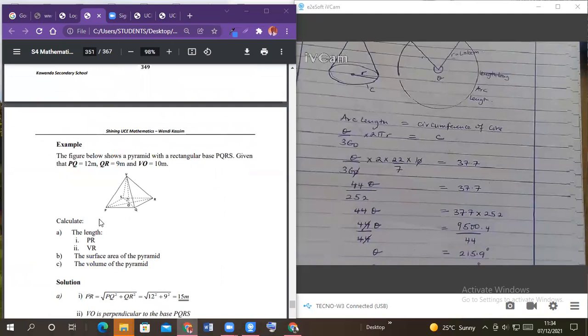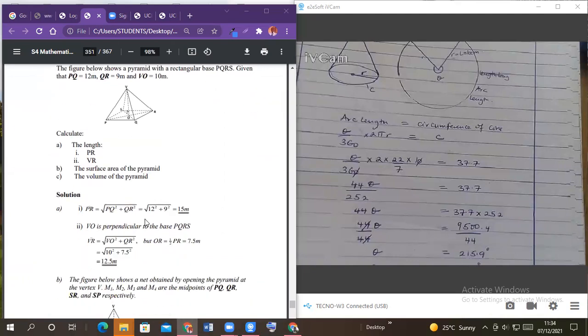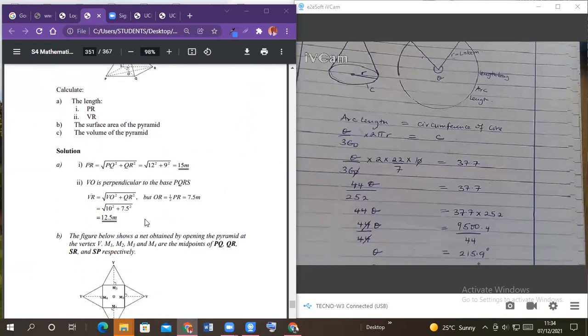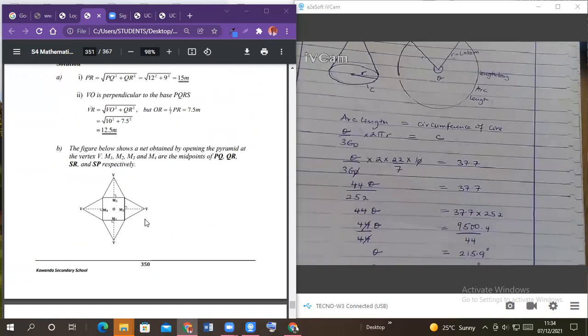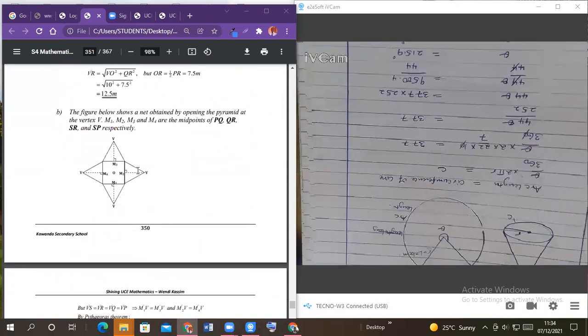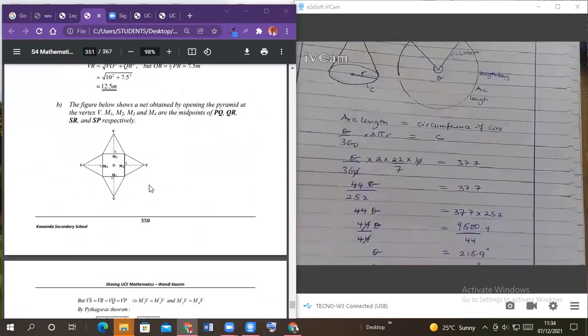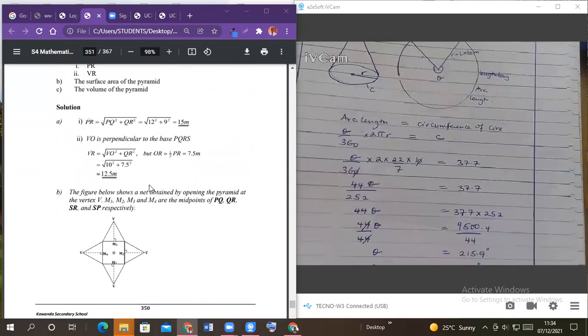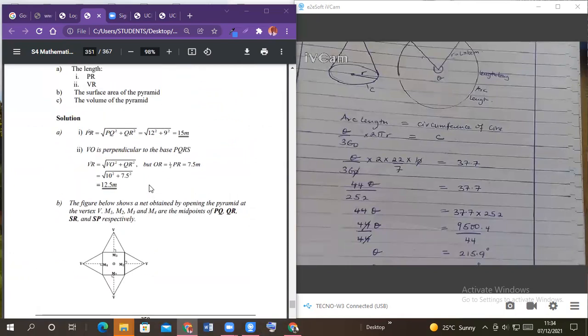This is a pyramid, but this is almost equivalent to the 3 dimension that we talked about. But still, you can go ahead and work it out. And this is now the net of the pyramid, whereby the pyramid is cut and each face is separated. This is how it looks, and you can be asked to find the surface area of only one face.